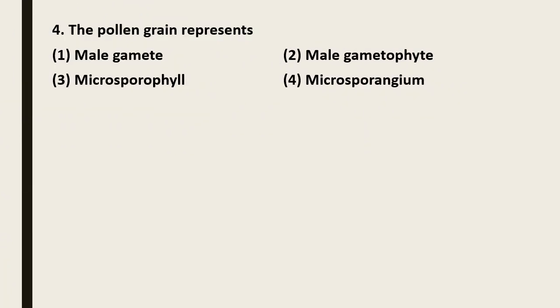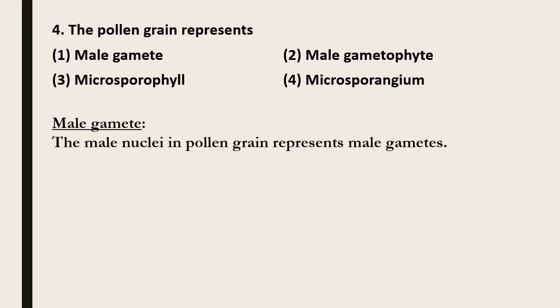Question number 4. The pollen grain represents: 1, male gamete; 2, male gametophyte; 3, microsporophyll; 4, microsporangium. The male nuclei in the pollen grain represent the male gametes.